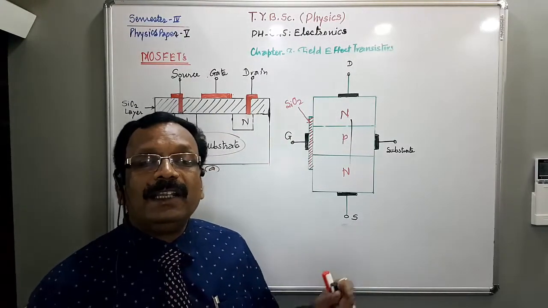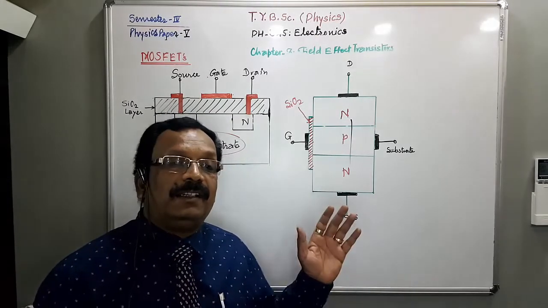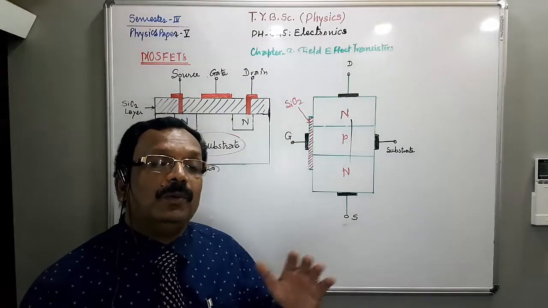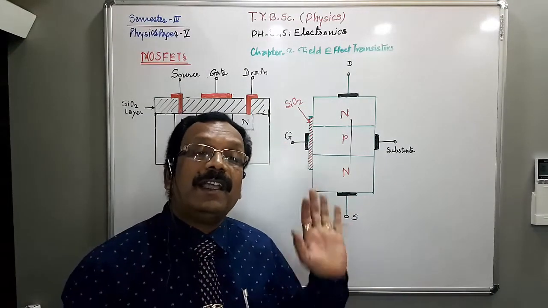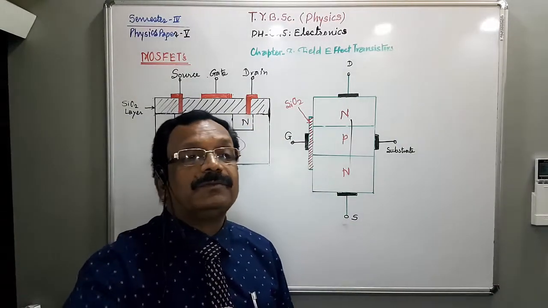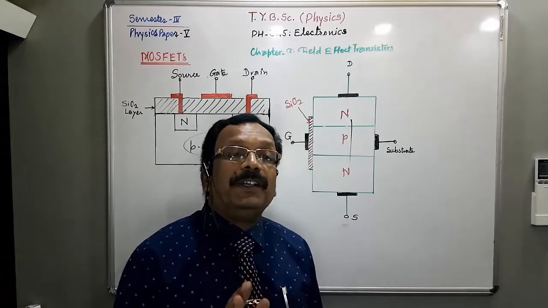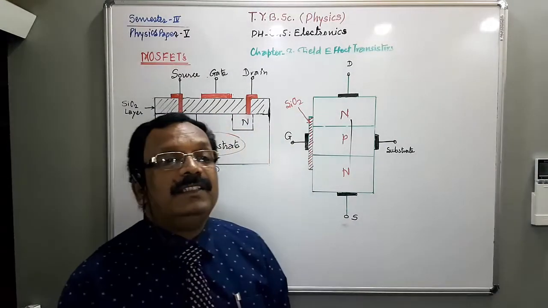A conducting layer of aluminum, which will act as the gate, is overlaid on SiO2 over the entire channel, looking like this.